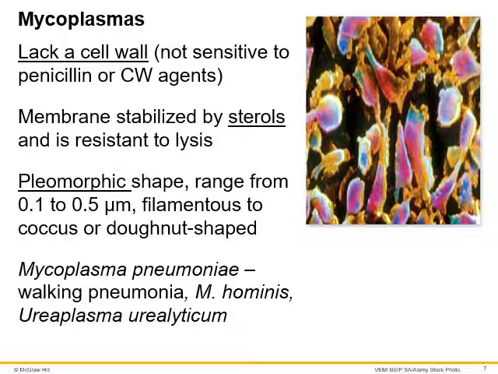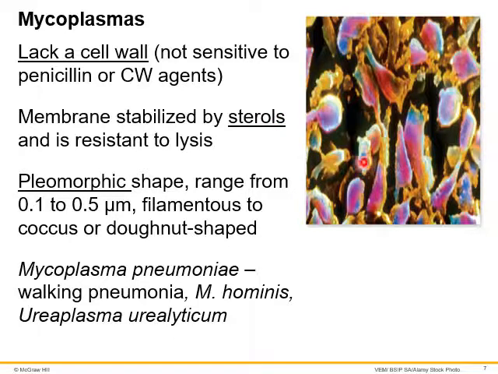And so what they do is they use sterols. They take sterols from their host cells and incorporate them into their membrane, which toughens it up so that they don't burst. So whenever you're growing mycoplasmas in culture, you have to remember to add cholesterol to the medium. They need that.